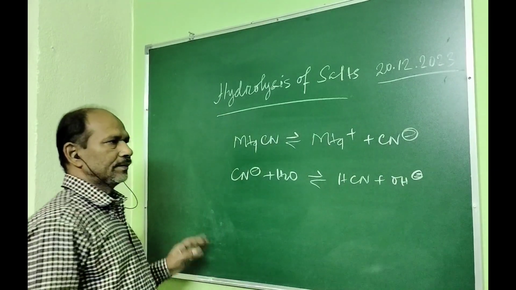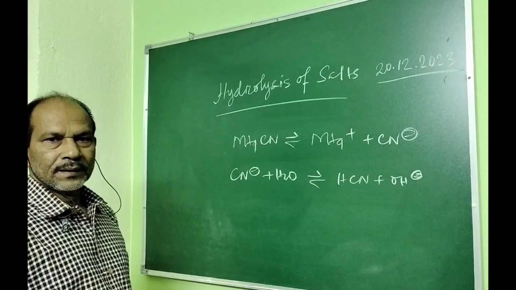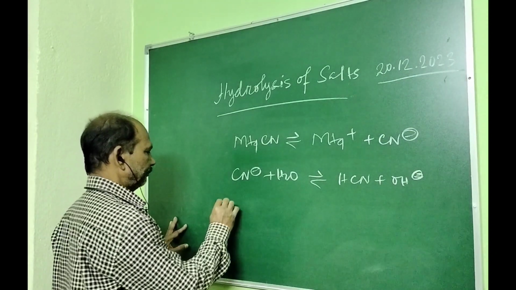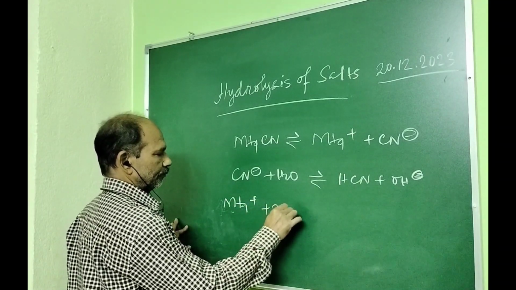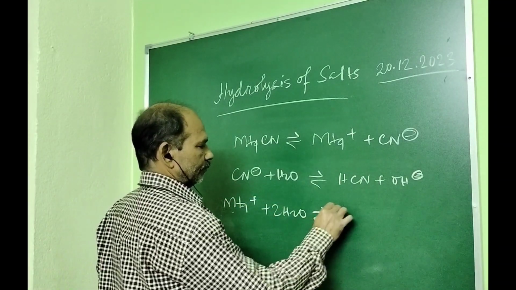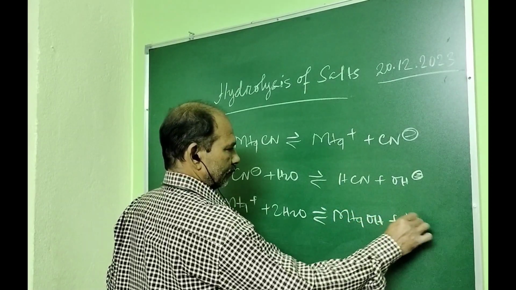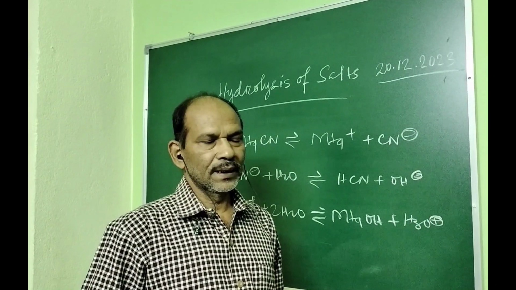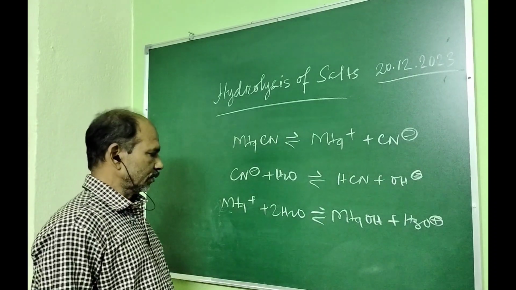The relative reactivity of CN minus is to some extent greater than the reactivity of ammonium ion with water. So the number of OH minus ions is greater than the number of H3O plus ions in the solution.